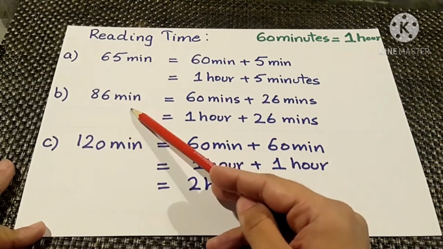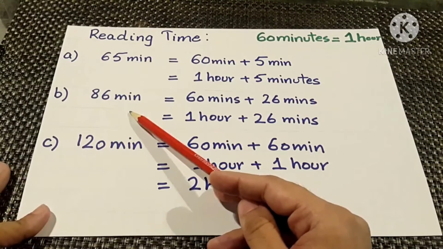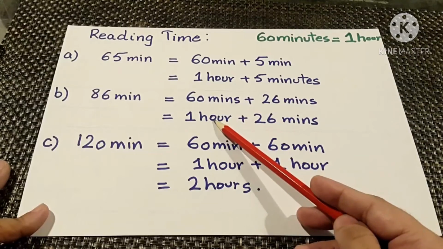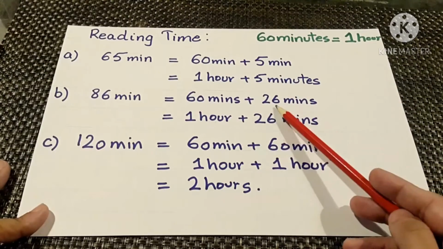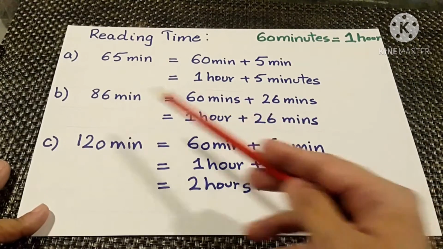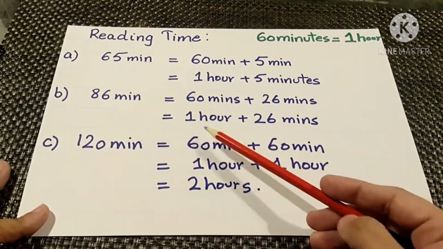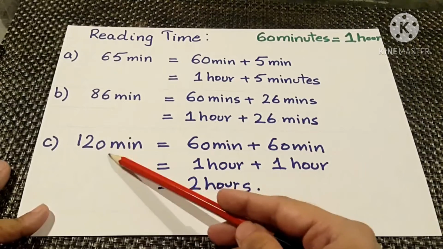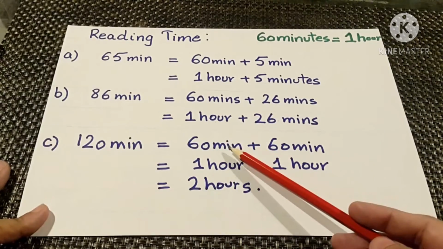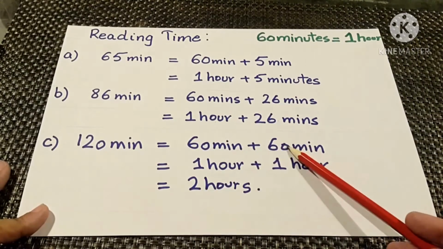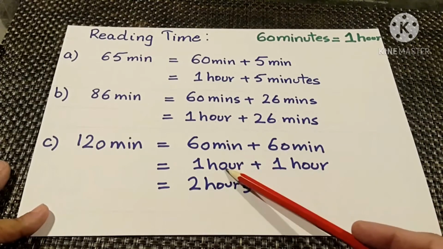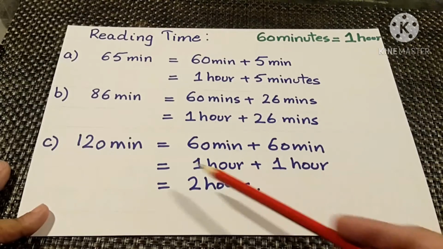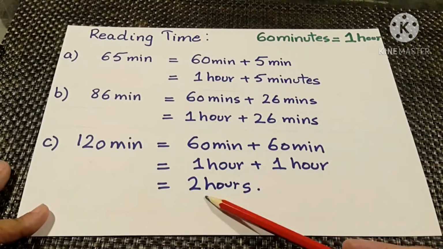Then 86 minutes. 86 minutes are 60 minutes plus 26 minutes. 60 minutes is 1 hour and 26 minutes remaining. So 86 minutes is actually 1 hour and 26 minutes. Then 120 minutes. 120 minutes is 60 minutes plus 60 minutes. 60 minutes is 1 hour, plus 60 minutes is also 1 hour. 120 minutes is 2 hours.